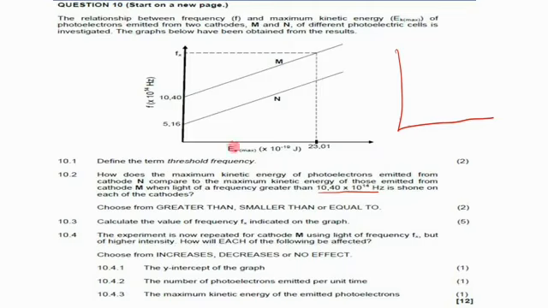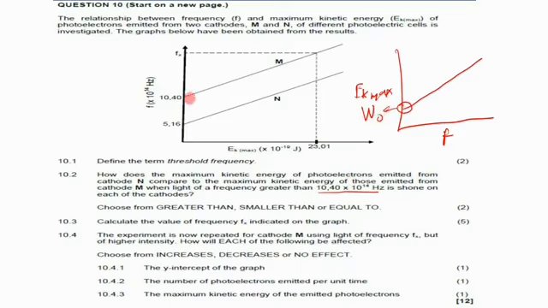We can say that we are given an inverse graph, right, of what we usually have. What we usually have is EK max versus frequency, right? So now what did they do? They inversed the graph, right, to give us a frequency versus EK max. Now remember, I told you that in the original graph, the y-intercept is giving us the work function.